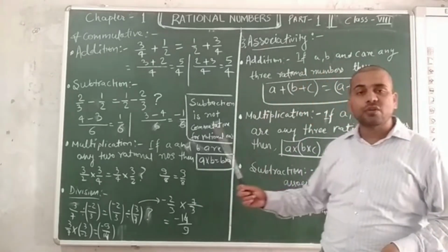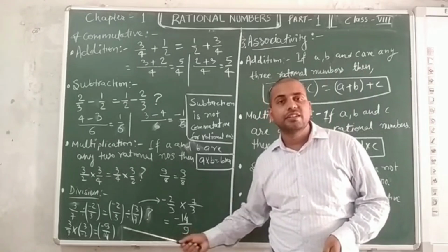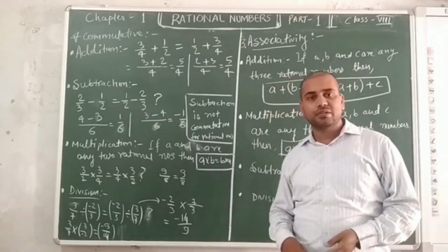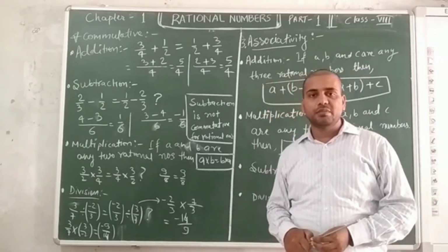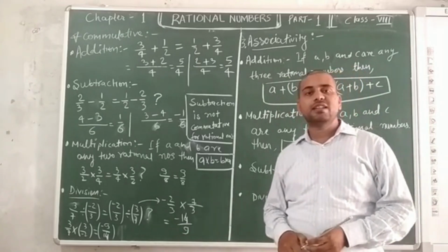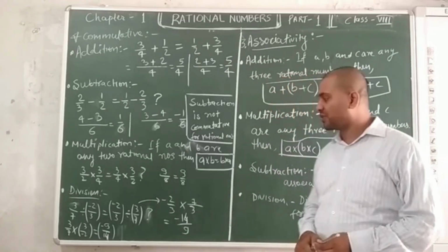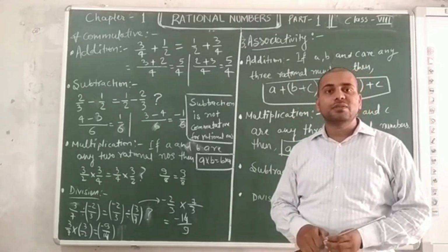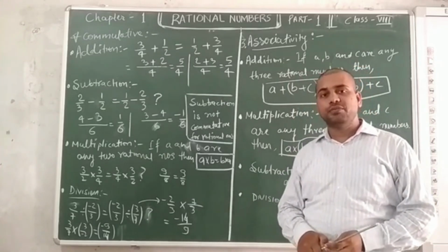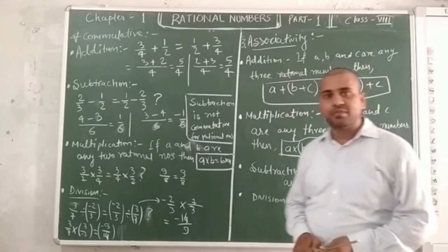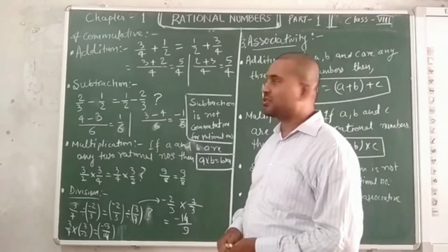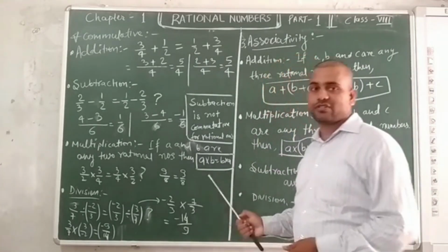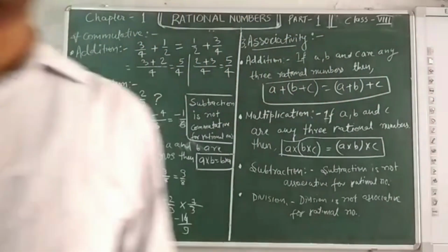Now in the case of division, you can see here it is not the same. When we have calculated with rational numbers, you will find that LHS and RHS are not equal. So in this case, we will say that division is not commutative for rational numbers.